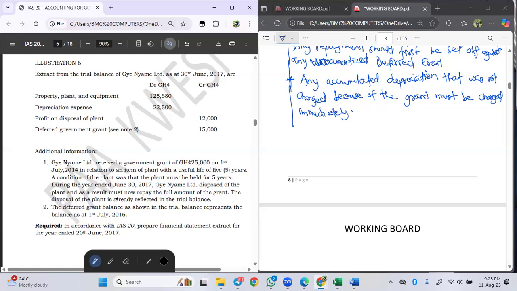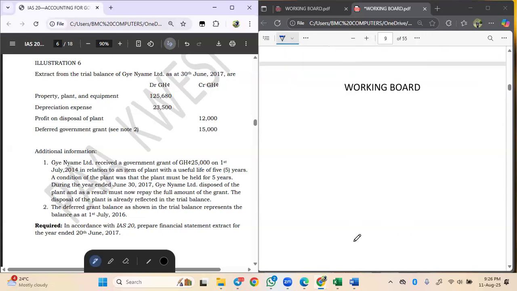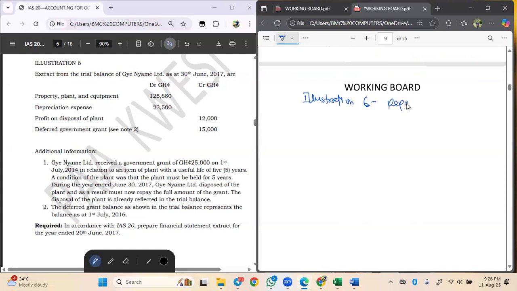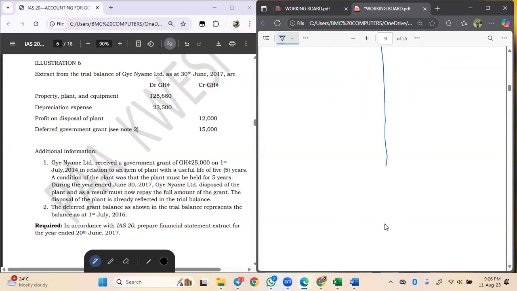Junior Limited received a government grant of 25,000 on 1st July 2014 in relation to an item of plant with a useful life of 5 years. A condition of the grant was that the plant must be held for 5 years. During the year ended 30th June 2017, Junior Limited disposed of the plant and as a result must now repay the full amount of the grant.